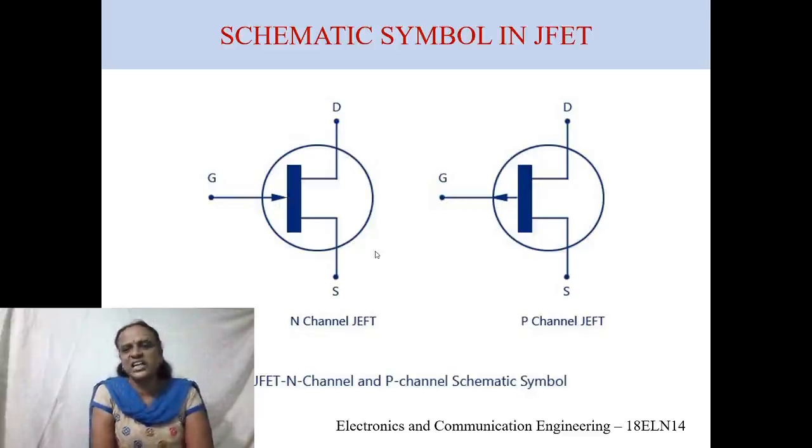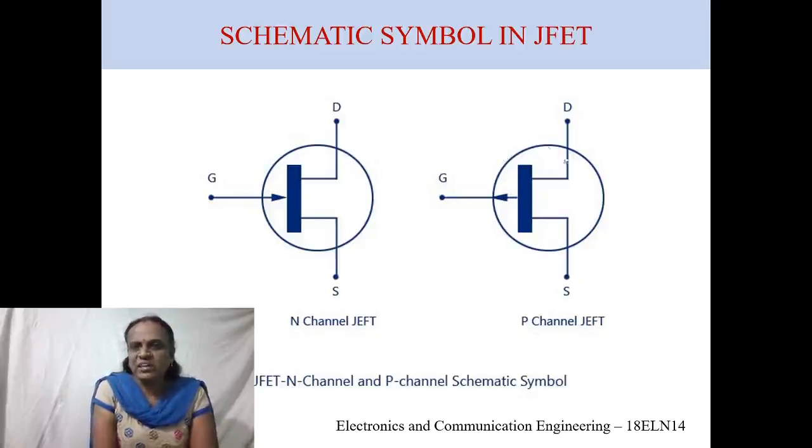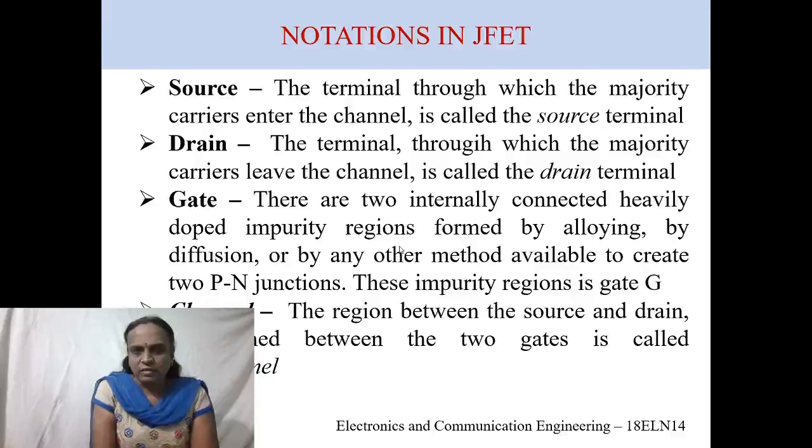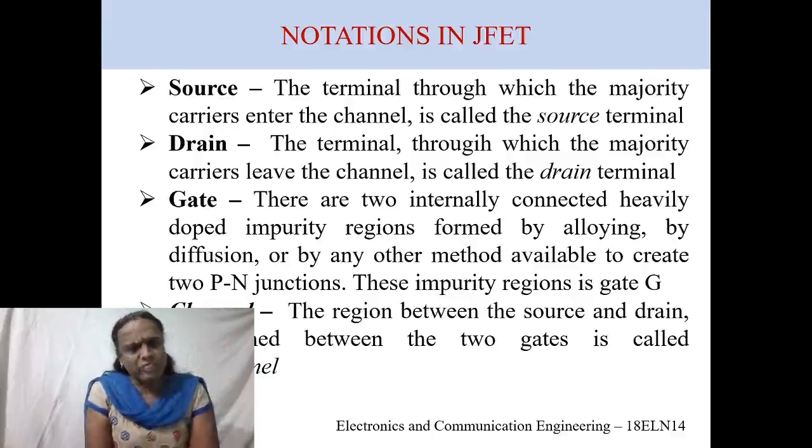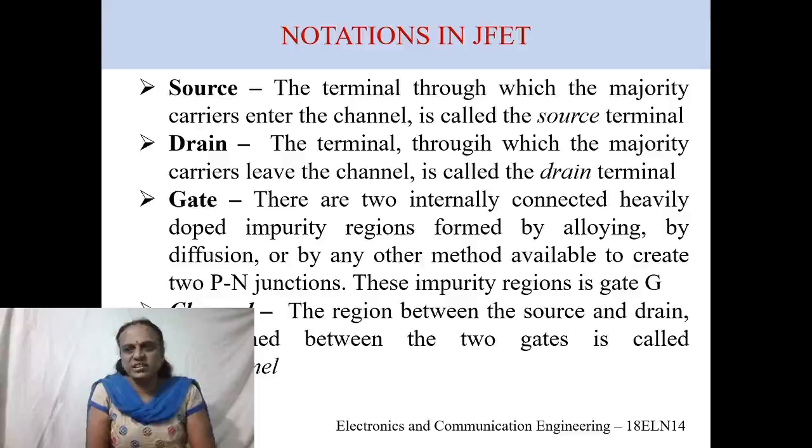This is the general schematic symbol of the JFET for an N channel and for a P channel. Coming next to the notations. We were talking about something called channel, something called D, G and S. Let us see in detail what the channel, D, G and S do.